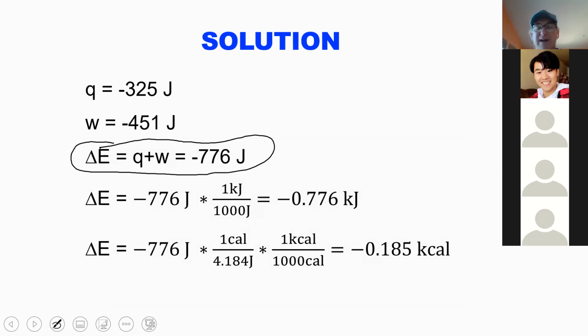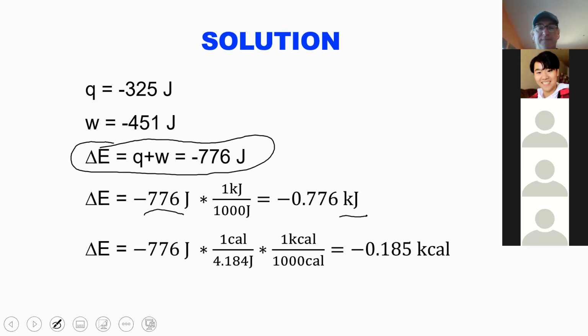But then, if we want other forms of that expression, generally when we do these sort of reactions, we talk about kilojoules, because a joule is a really small amount of energy, especially when we're dealing with large amounts of things. So generally we'll be converting joules into kilojoules.